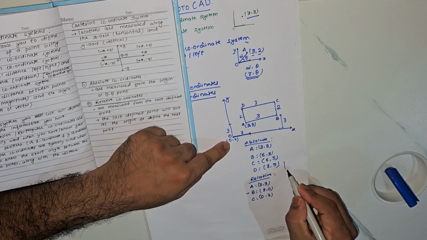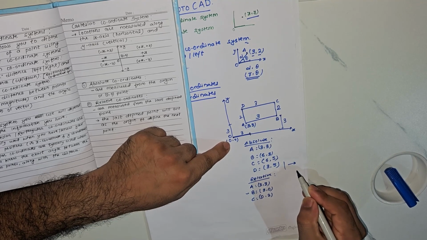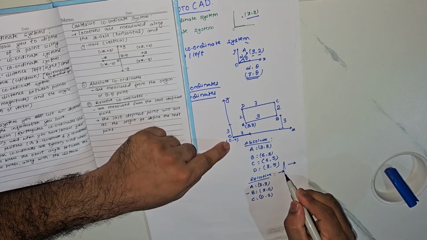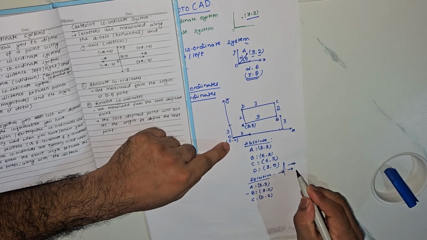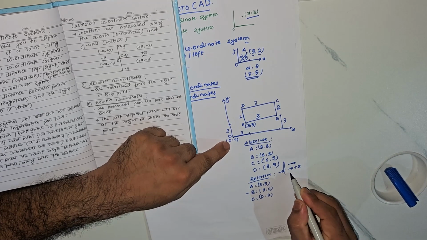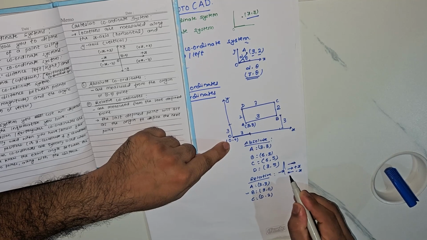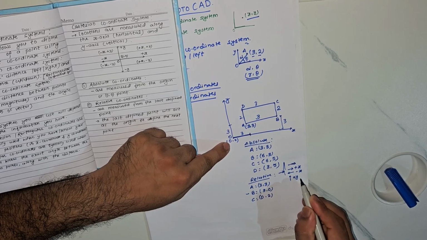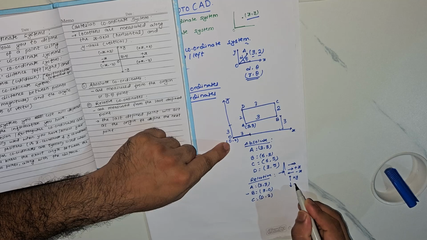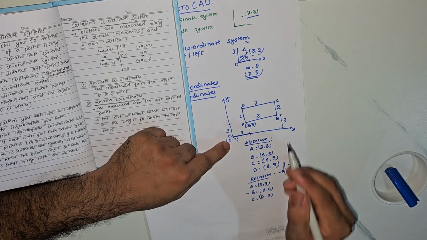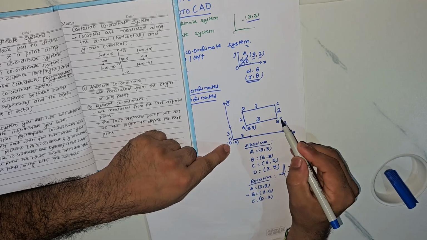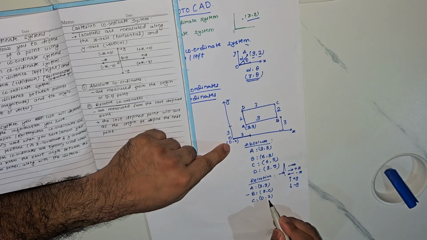What you remember is, for relative coordinates, if it is going in the right direction it will be plus x, if left then minus x, if upward then plus y, and if downward then minus y. So C is moving upward, so 0 comma 2.